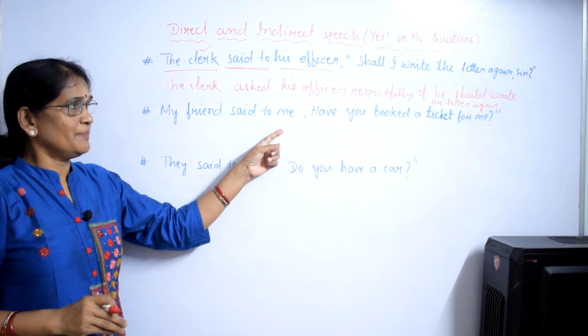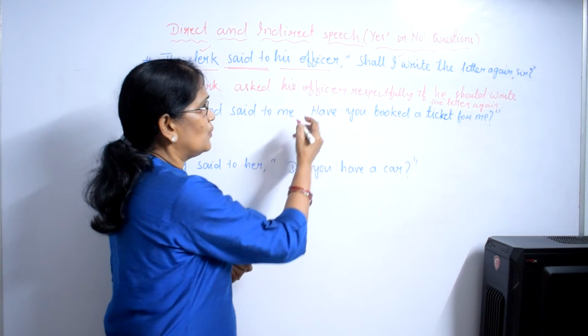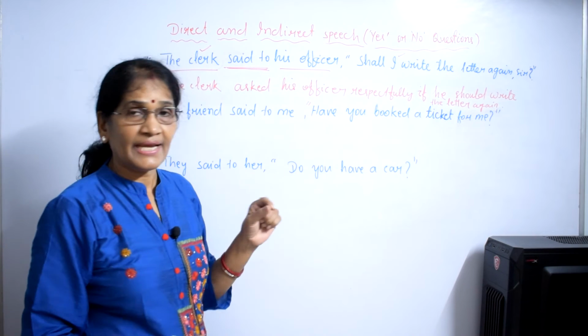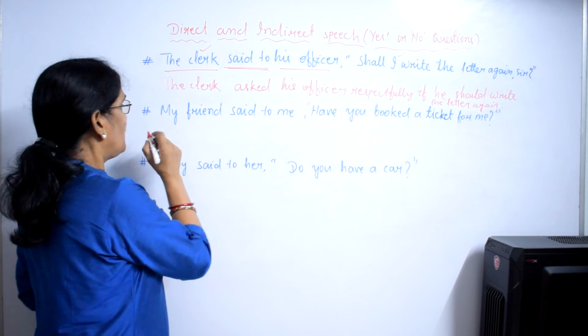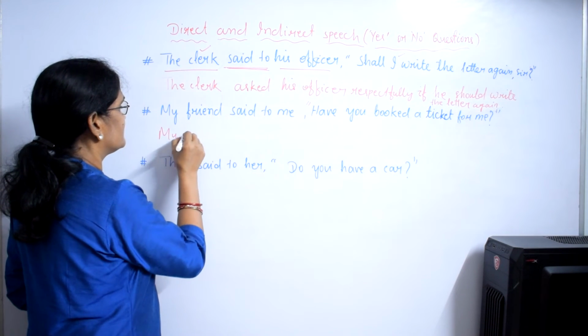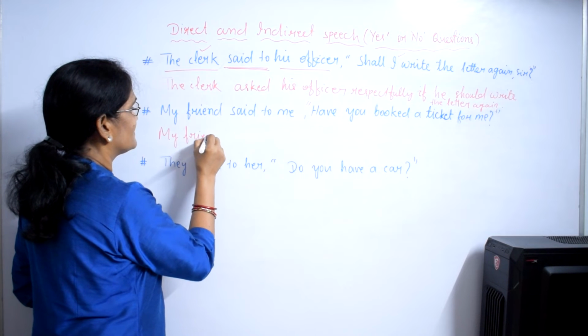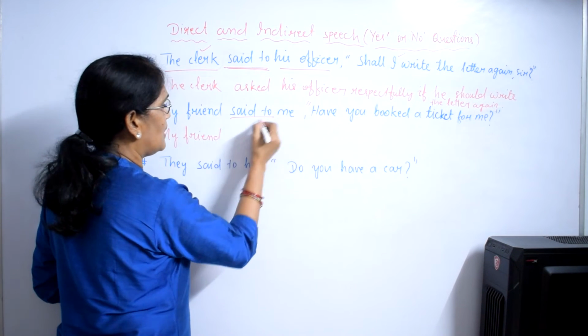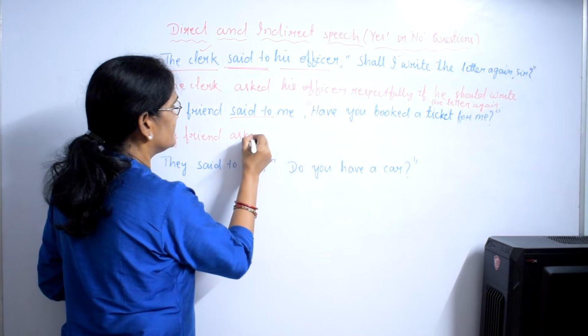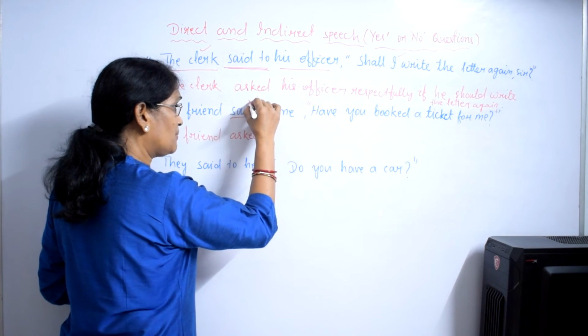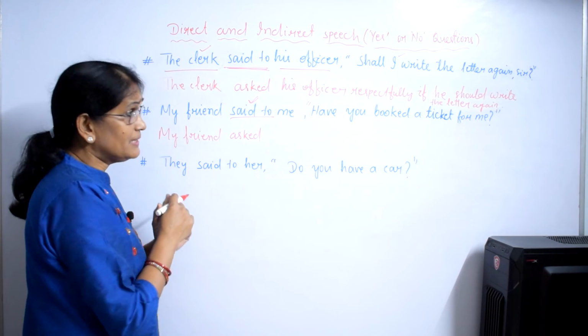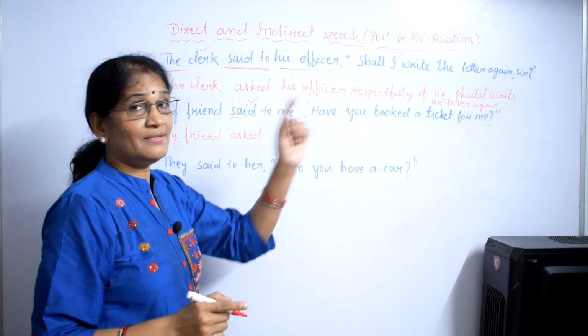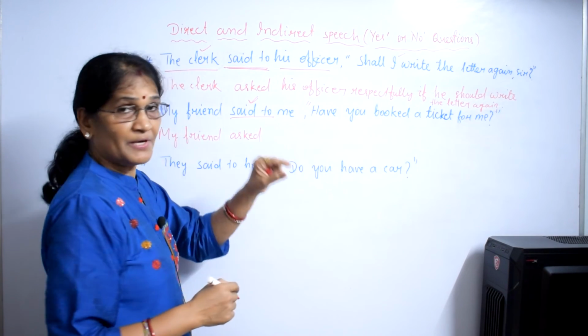My friend said to me, have you booked a ticket for me? My friend said to, asked. You remember, if the reporting verb is in past form, then the tense will be changed in the reported speech. What? Corresponding past.